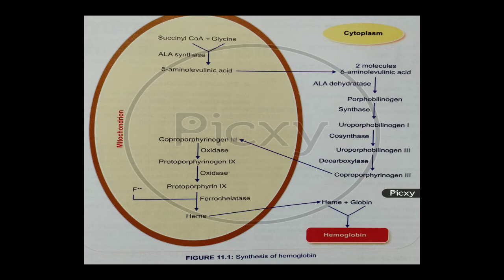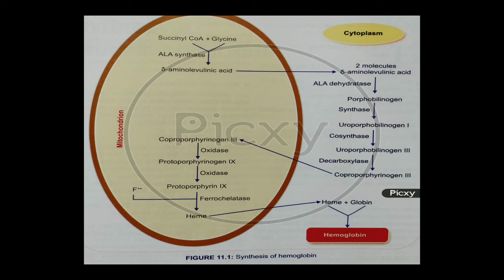It is in the mitochondria, and is transported to the cytoplasm. Two molecules of ALA are converted to porphobilinogen with the help of ALA dehydratase enzyme. Uroporphyrinogen I is converted to uroporphyrinogen III with the help of synthase enzyme.